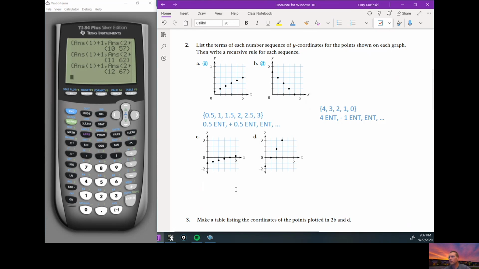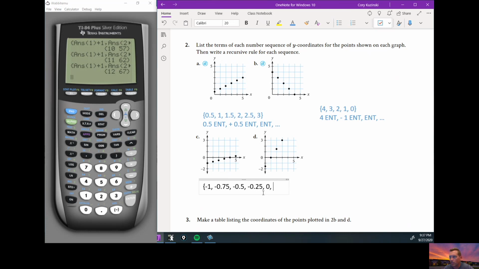For C, we're starting at -1, and looks like we're going up a quarter every time. 1 quarter, 2 quarters, 3 quarters, 4 quarters. Okay, so -0.75, -0.5, -0.25.